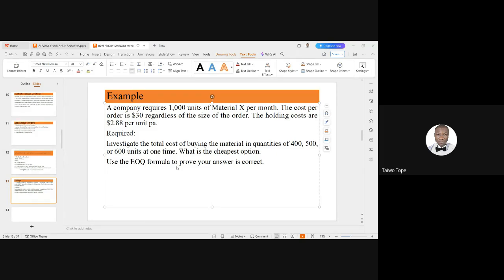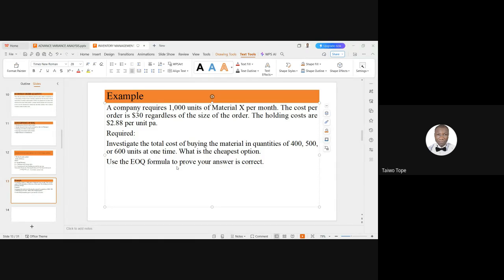So what we want to do first is to determine our order quantity. We have 3 options here. We have 3 quantities of material: 400, 500 units, and 600 units.